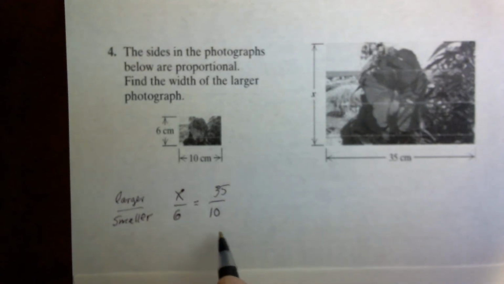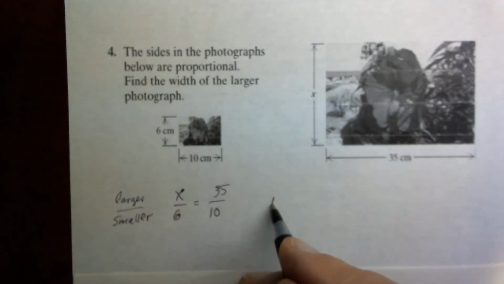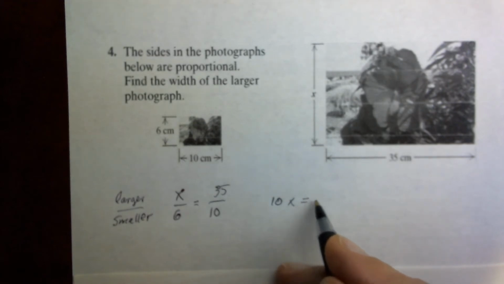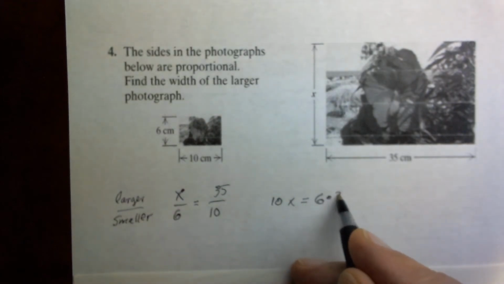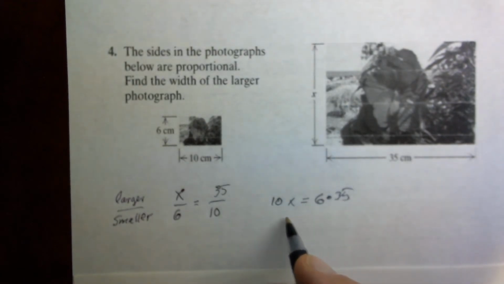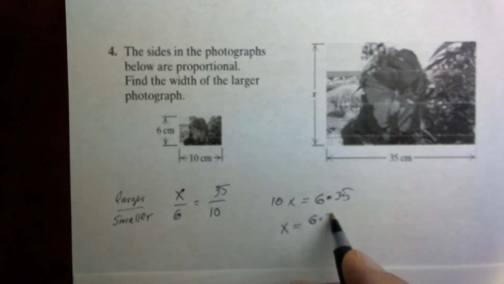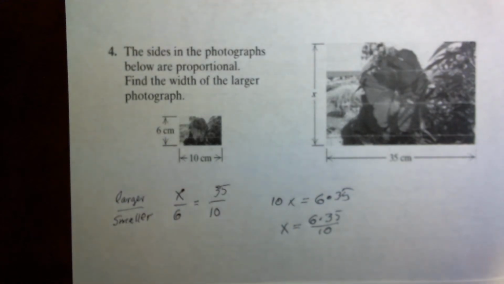So we cross multiply, and we get 10x equals 6 times 35. We divide both sides by 10, so x equals 6 times 35 divided by 10, and that is equal to 21.